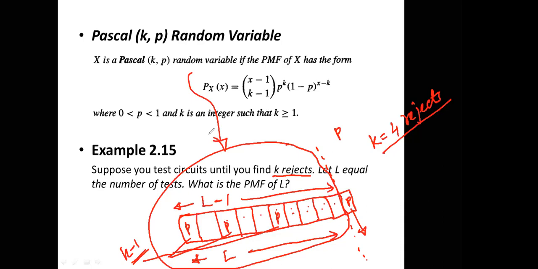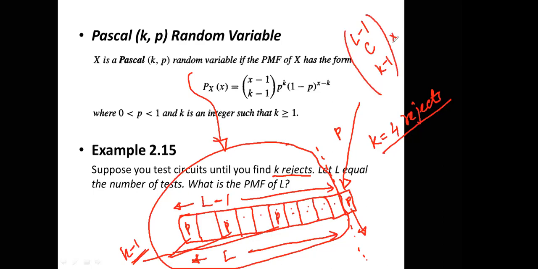The same thing was told in the binomial random variable, isn't it? Yes, sir. So if I ignore this last one, the remaining is like a binomial random variable, and we can say L minus 1 C K minus 1. That was the binomial formula, isn't it?